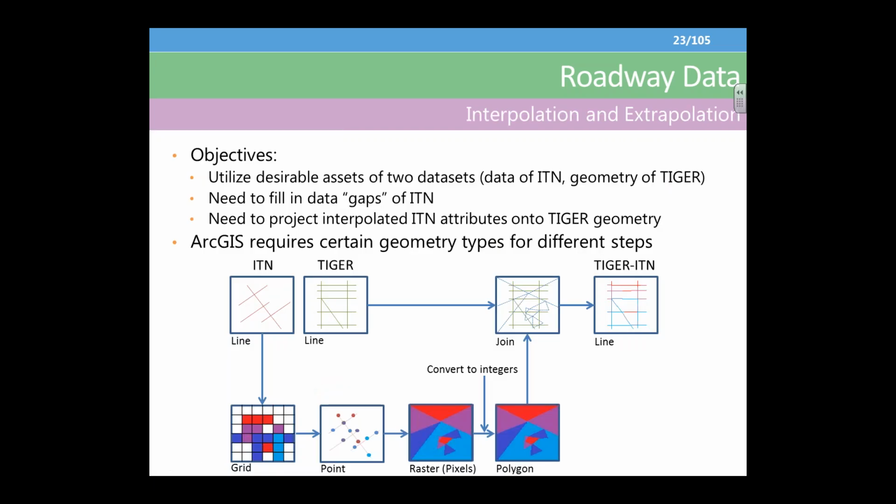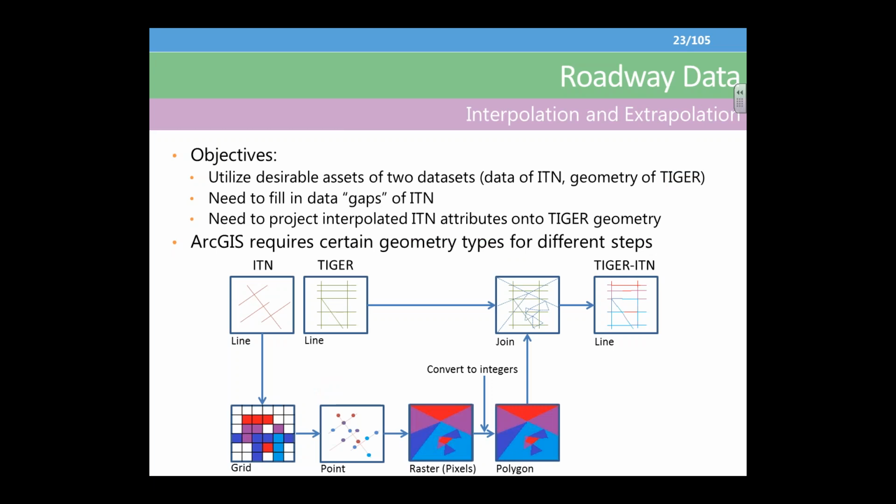So what we did was develop a simple process to utilize the desirable aspects of both of these data sets. You have ITN that has a lot of data. It's based on real-world data at varying classifications of the roadways. But then there's the geometry of Tiger that is actually true to life.